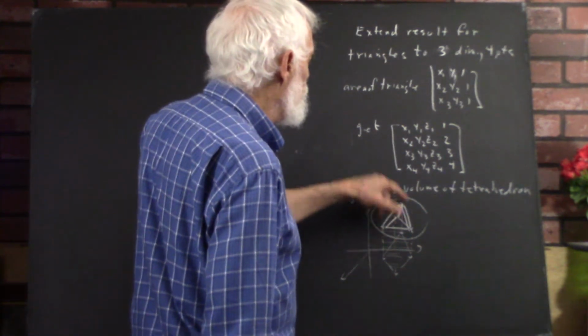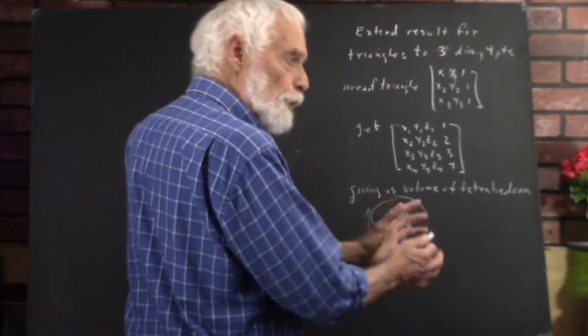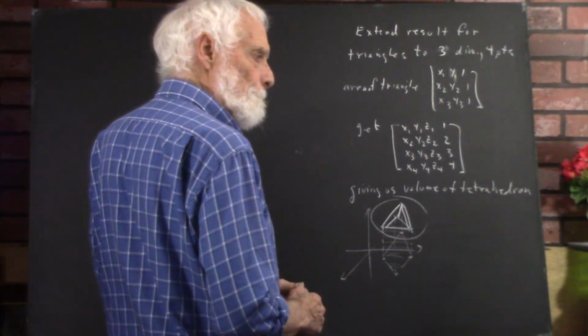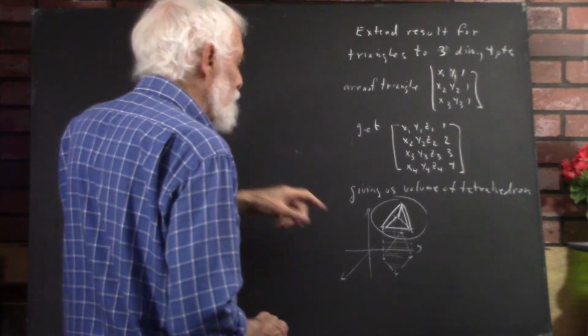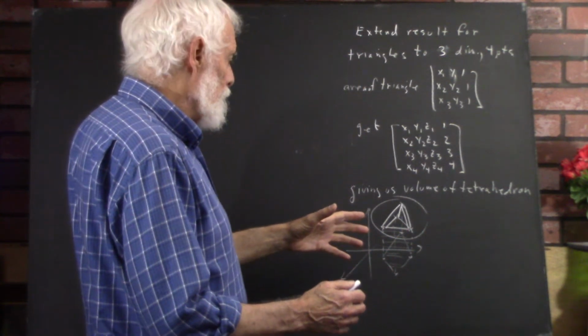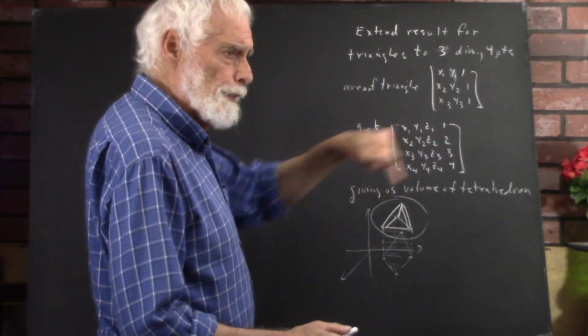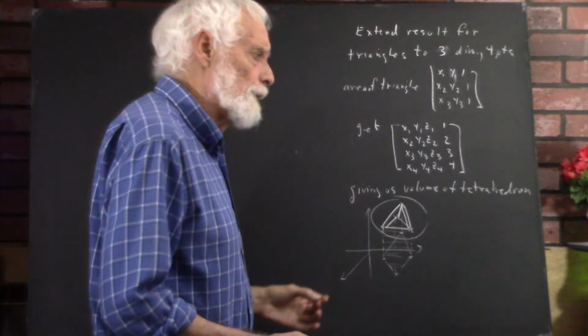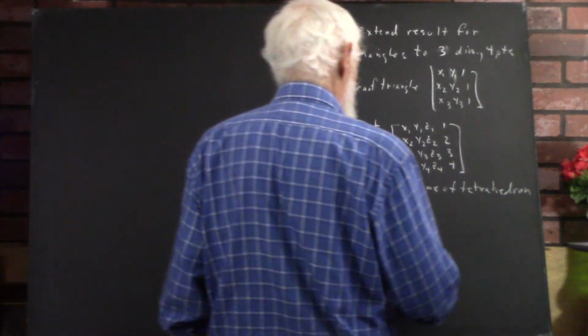But you have 4 points. If you connect them all, you get a 4-sided figure. It's not a regular figure, but it's 4-sided. Okay? If these 4 points all lie on a plane, then the four-sided figure is all in the same plane, meaning it's a two-dimensional figure, which means it has zero volume. Okay?